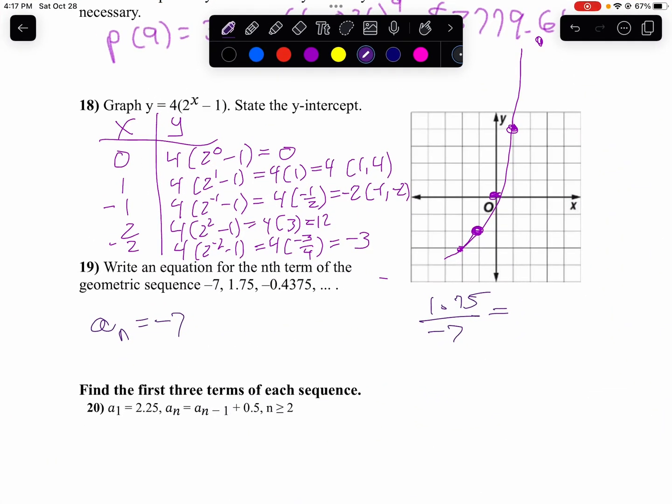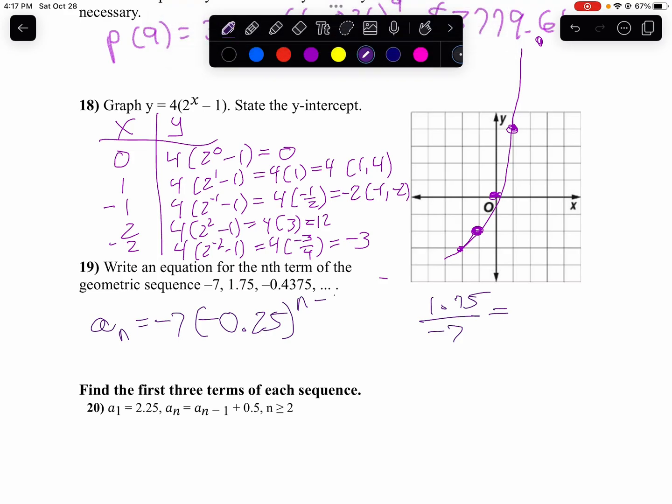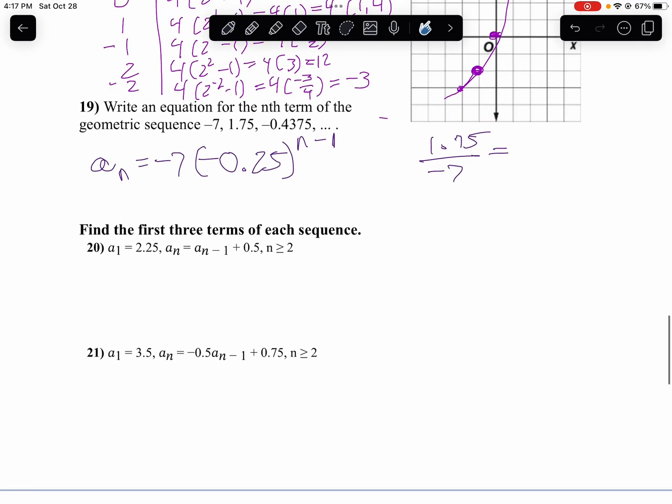So I'll say negative 7 times negative 0.25, and I'll raise that to the n minus 1 power. And there's your answer.